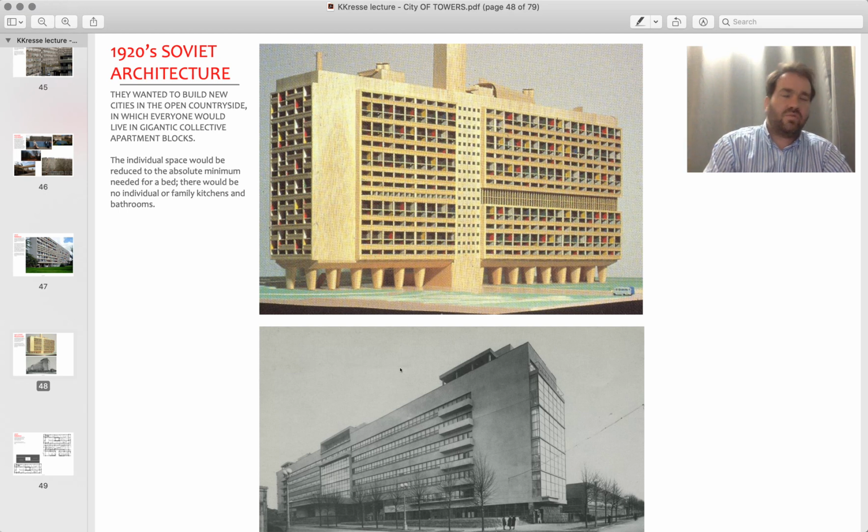Also, you remember Le Corbusier had the idea of specializing, sourcing out all different activities. So the idea is that you would just live here, and then laundry would be done somewhere else. There would be collective cooking, right? There would be collective childcare.